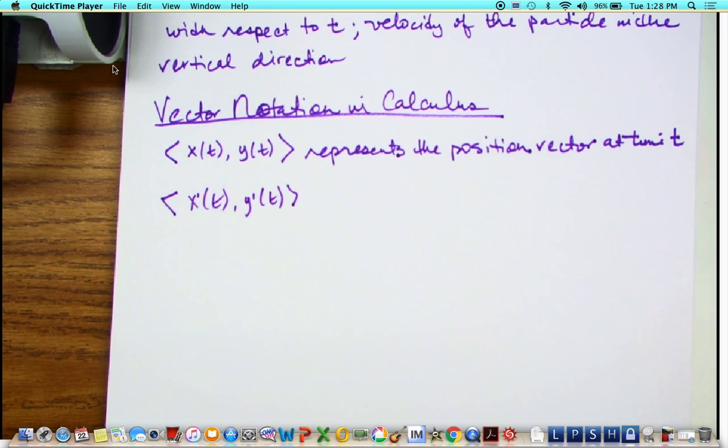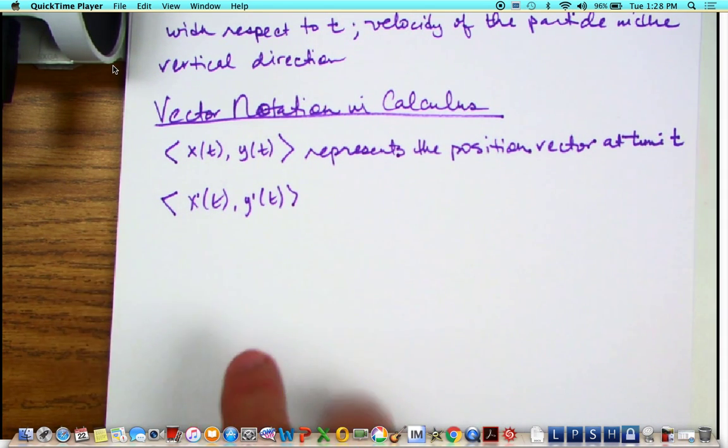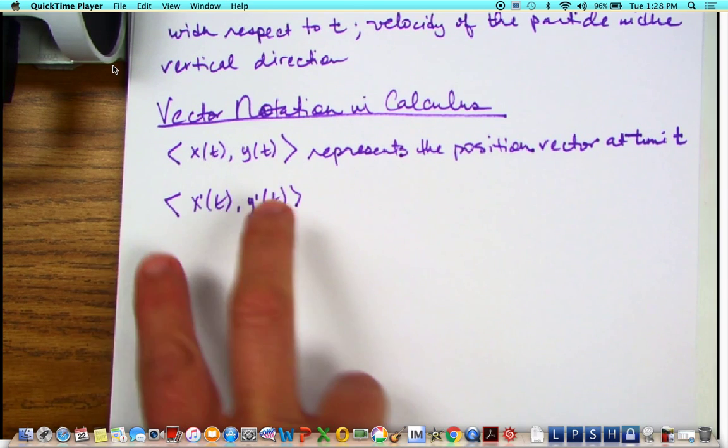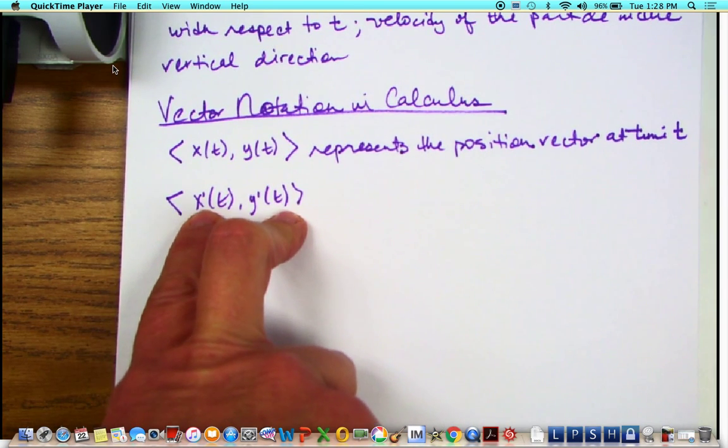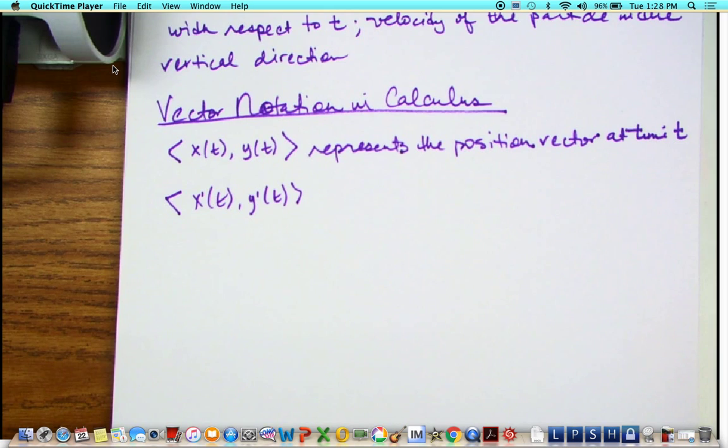Okay, so like in parametric, a lot of times you're going to be asked for the derivative of y with respect to x. In which case we're going to do what we did yesterday, right? dy/dx would be dy/dt over dx/dt. If you are simply asked for a velocity vector, you're going to list them separately, x prime of t and y prime of t.